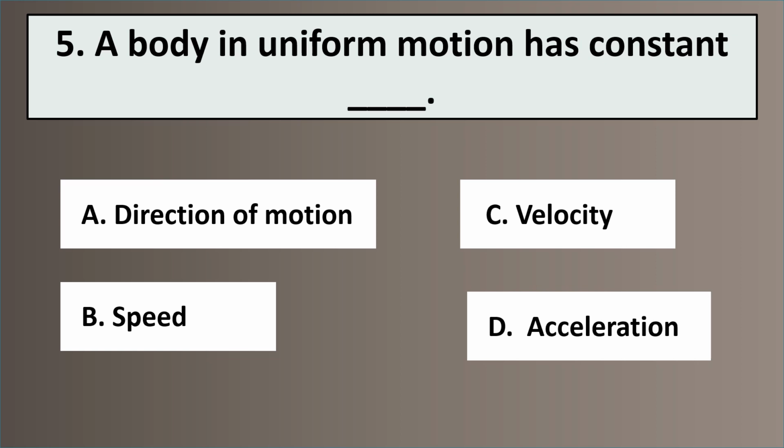Or is it the velocity that has to be constant, meaning the direction as well as the magnitude, the velocity is uniform or constant? Or should it be the acceleration that has to be constant?